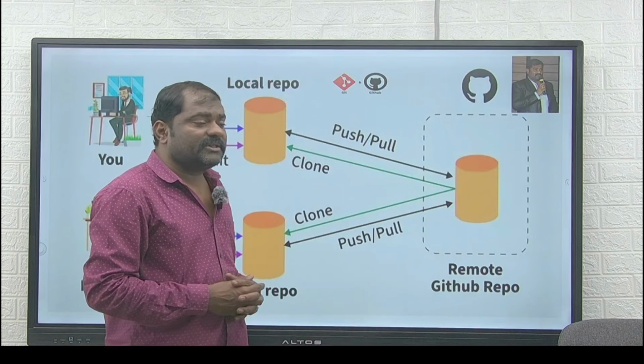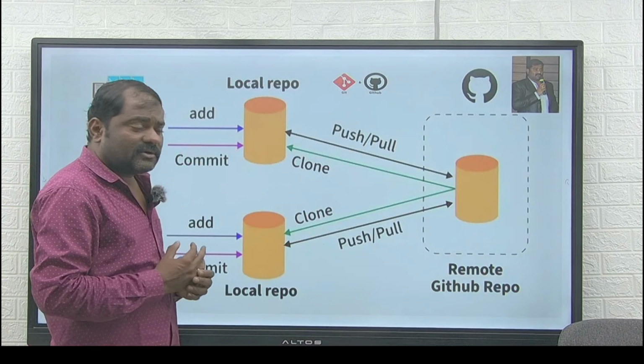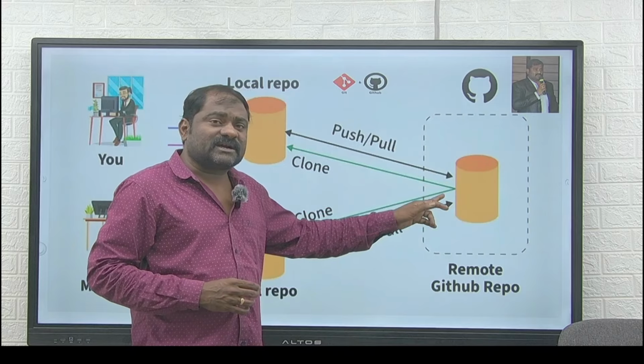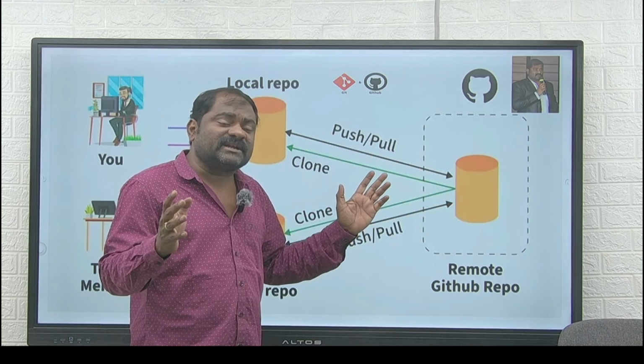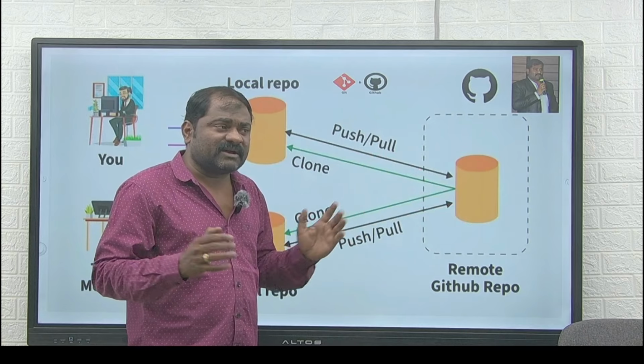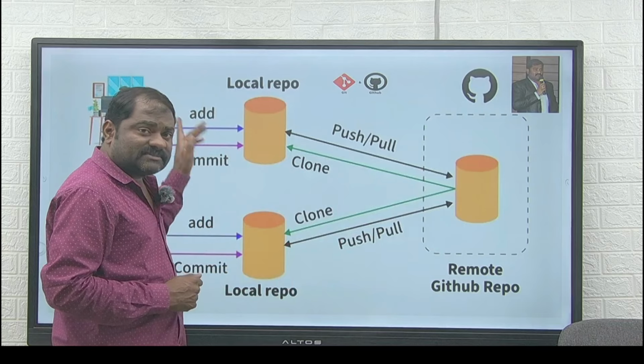Before going into Git and GitHub, you must understand this diagram here. GitHub is the cloud repository where all the developers' project code and files are available, and Git clients means multiple developers.